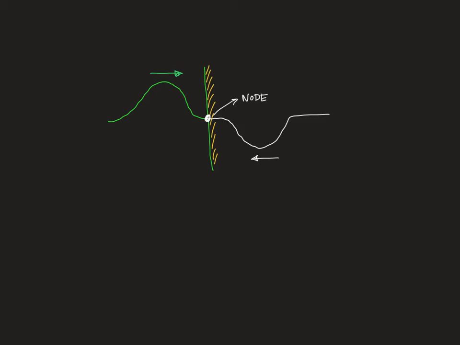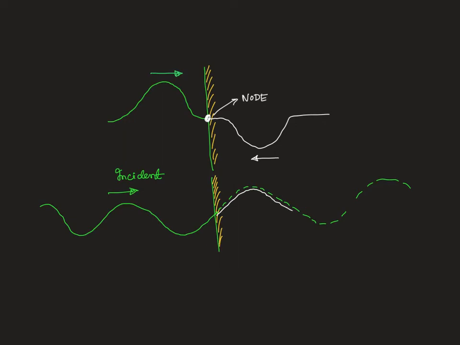So let us go back to the sine curve. This was the incident wave, the dotted non-existent part, and this is the existent part. So this is the incident wave. And what about the reflected wave? Actually, the reflected wave should be like this, else how will they interfere destructively at the node, right?